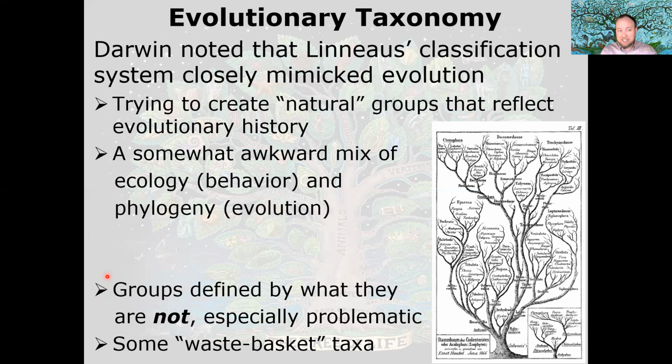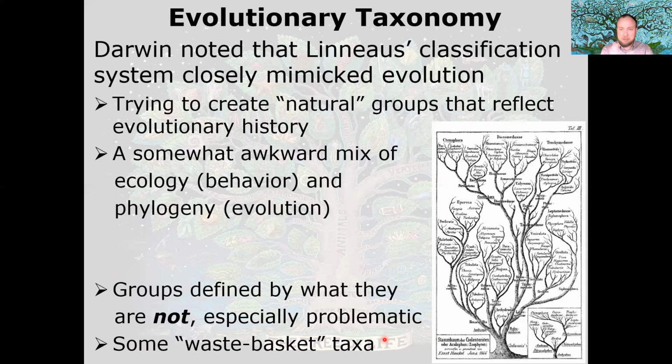So that's problematic. We also created some wastebasket taxa, where there's a really crazy organism. We don't necessarily know where it goes, but there are others that are kind of like it. We're just going to make this group of things that we don't really know what they are. Like platypi, the monotremes, the egg-laying mammals, we don't really know what these things are.